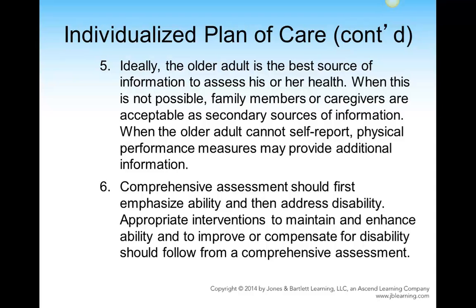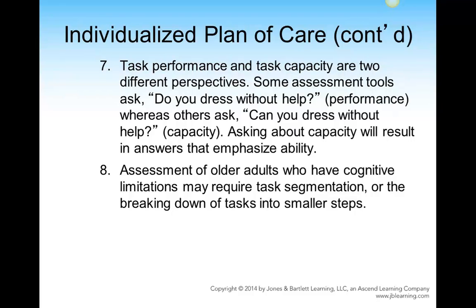We need to look at what the person can do, not what they can't do. So we always focus on the strengths. Always focus on the strengths, and everything that we are going to do is going to improve or allow that disability more independence.